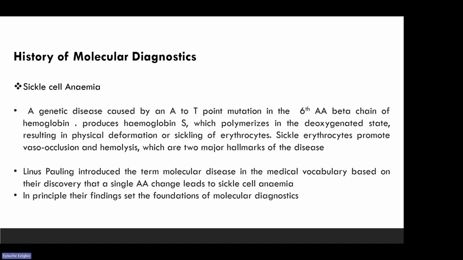The red cell will change from its biconcave shape to a sickle shape. Sickle erythrocytes promote vaso-occlusion and hemolysis, which are two major hallmarks of the disease. These red cells are now sickled, and the sickle shape does not allow them to move freely inside the blood vessels, allowing them to be easily deformed and hemolyzed.